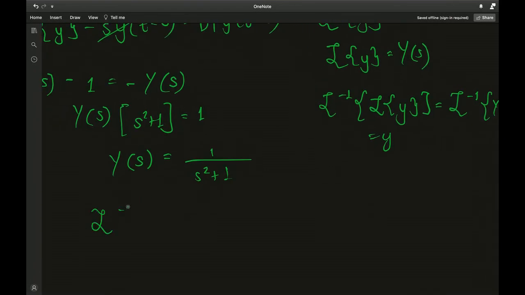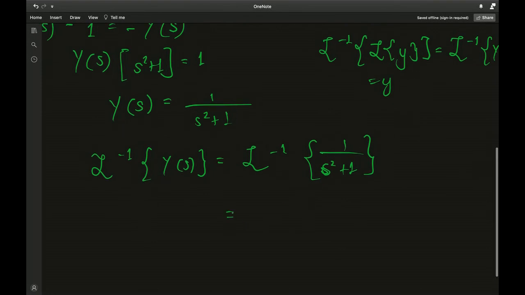So when I do that, you look at the table of Laplace transforms or inverse Laplace transforms, you get y, because of applying the inverse Laplace, is equal to the sine of t. Why t?